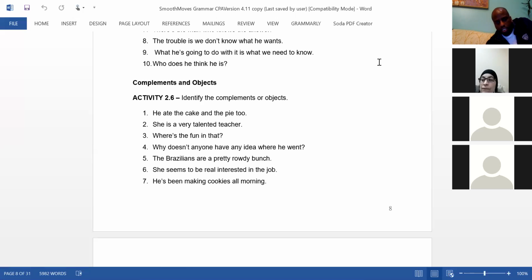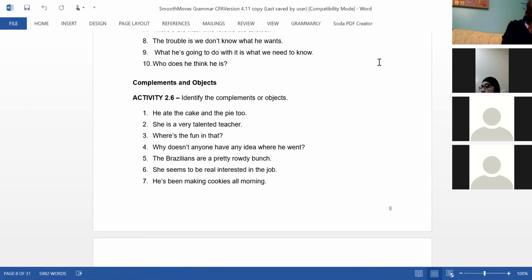Sometimes you might read something in the textbook and it may not give you the grammar point that you want. So don't be afraid to write your own prompts so you can highlight grammatical structures. That makes sense? Okay.